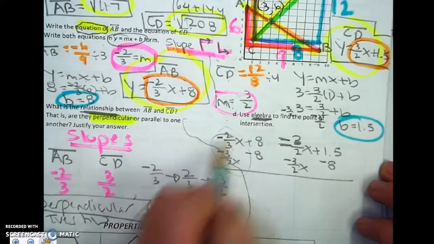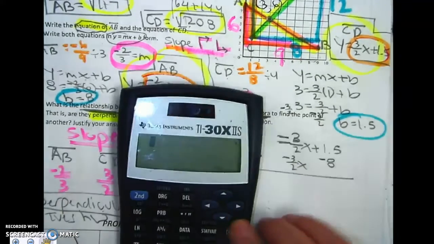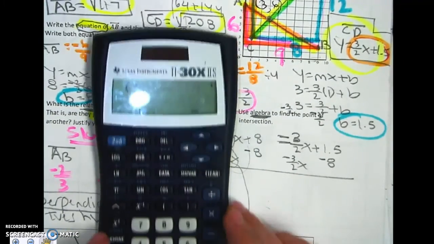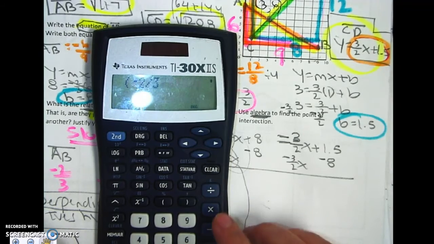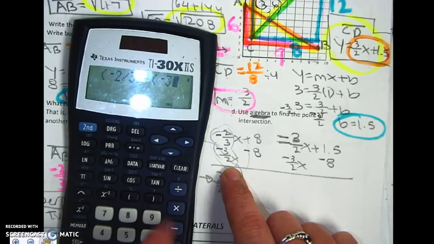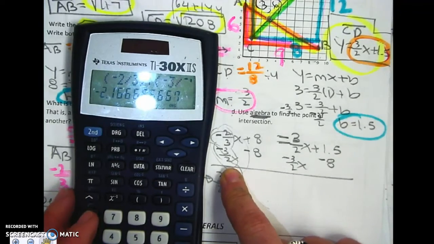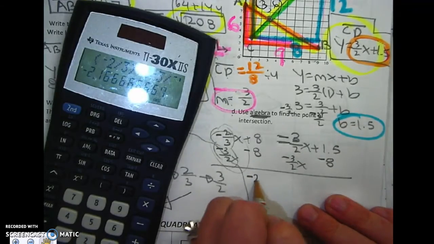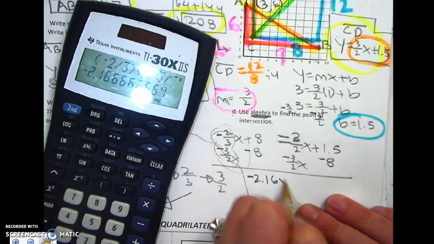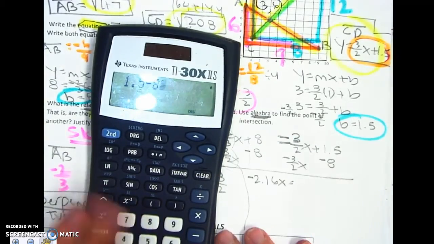Okay. I'm going to use my calculator for this one. I'm going to put this in parentheses. So I'm going to go negative 2/3. Make that bigger there. Negative 2 divided by 3 plus negative 3 divided by 2. And I get negative 2.16. x equals, and then I'm going to go 1.5 minus 8.